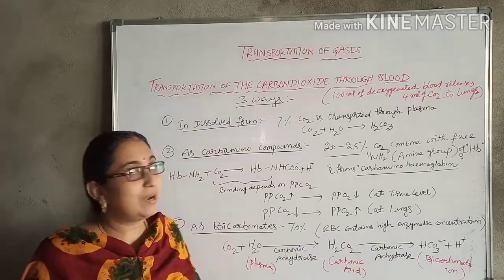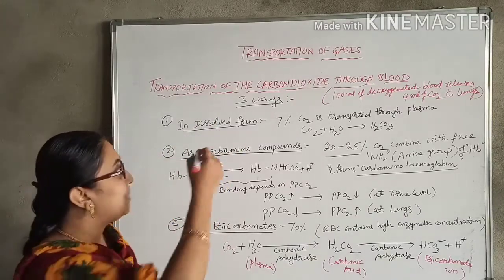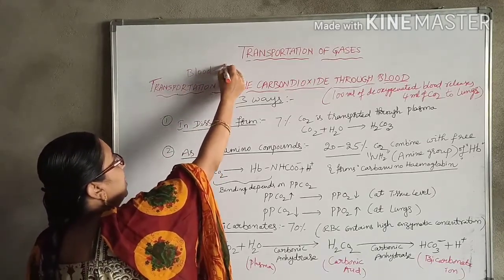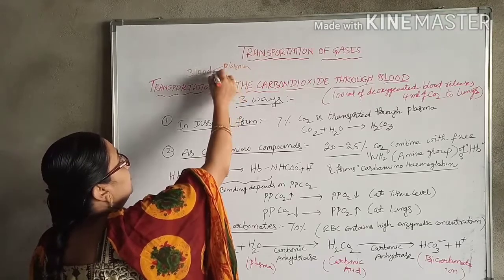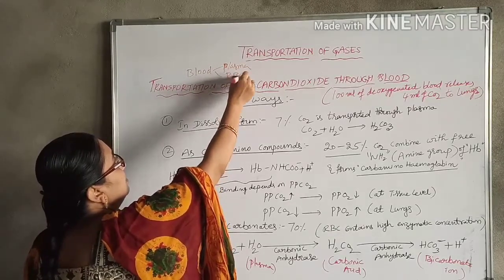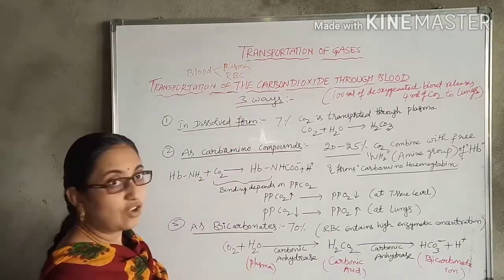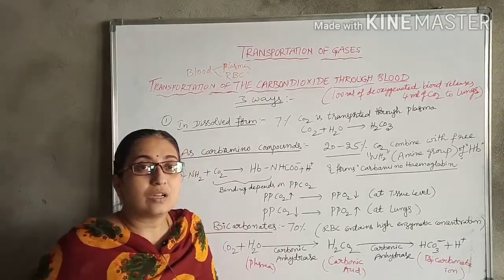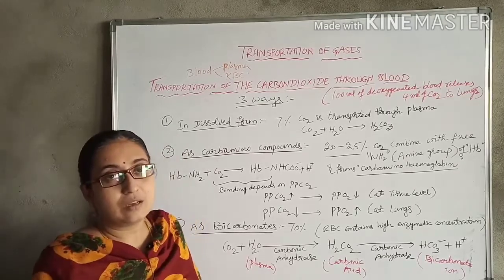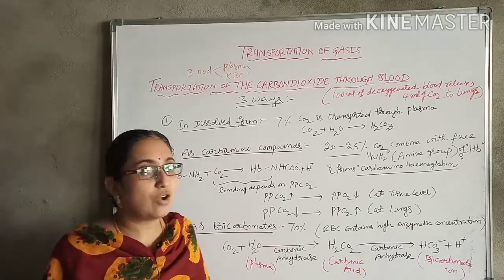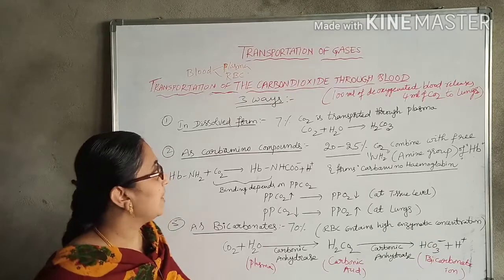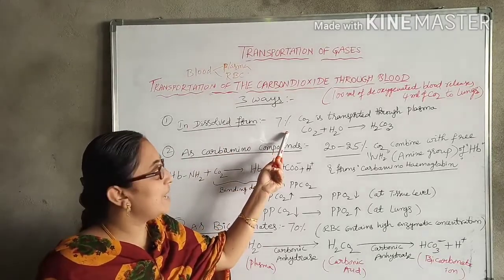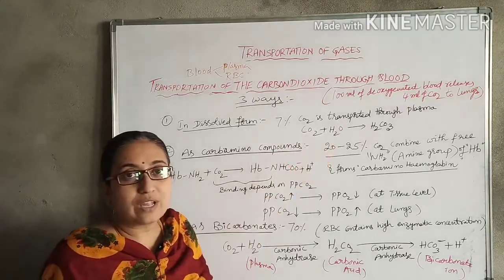You know that blood consists of plasma and RBC, right? The plasma consists of plasma proteins. You know that proteins are made up of amino acids, meaning the amino acids consist of the amine group. In the dissolved form, only 7% of the carbon dioxide is transported through the plasma.